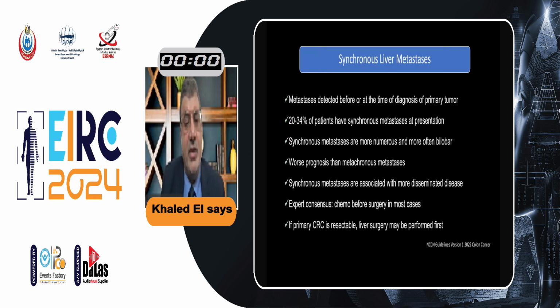Synchronous ones are more common, more numerous, and more often bilobar. They have worse prognosis and can be associated with more disseminated disease elsewhere. The expert consensus is you give chemotherapy before surgery, and you do the surgery first before treating the rectal or colorectal cancer.